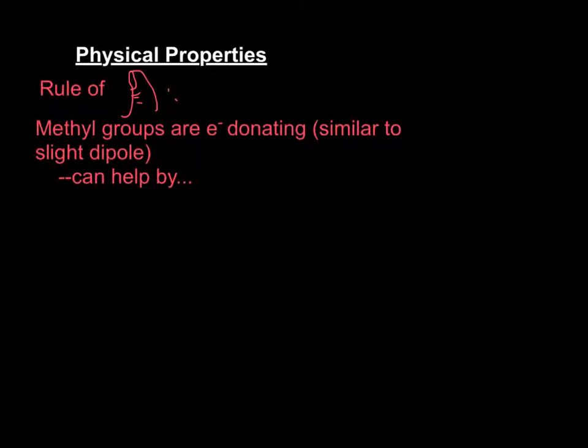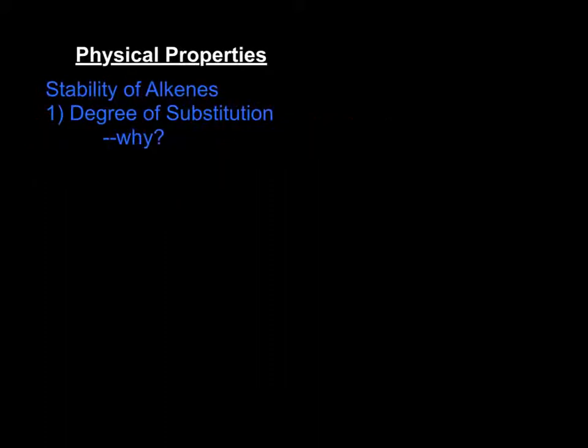And we now can talk about the logic behind this in general. I made multiple slides for each one of these. First off, the stability of the alkene can be due to the degree of substitution. So I'm going to draw two examples here, the old-fashioned way, so that it's a little easier to see.